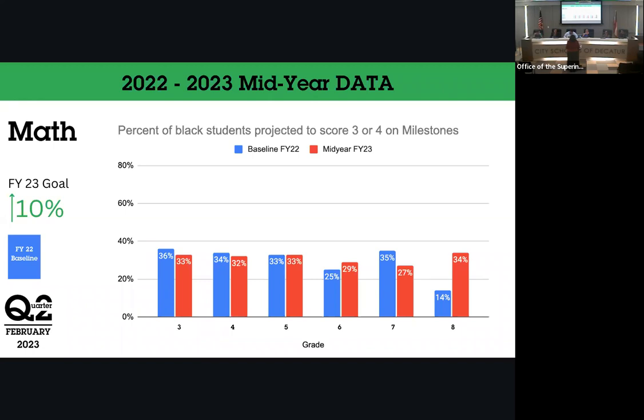I think one of the big things we've noticed this year is that our change in grading practices to focus on standards-based grading is allowing our teachers and administrators to see the standards where our students are not doing well, so that we can adjust instruction and focus on those standards, and remediate, enrich, and accelerate students.